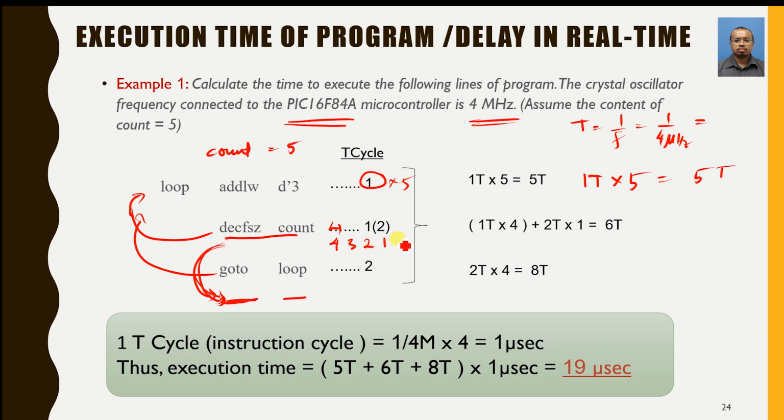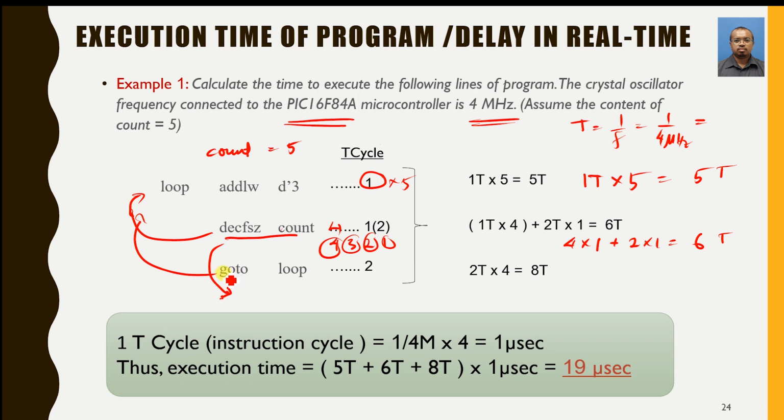For the last one, your answer is 0 already, and then you will skip. That 0 case is 2 clock cycles. For 4, 3, 2, 1, it is 1 instruction cycle each. So we have 4 times 1 instruction cycle plus 2 instruction cycles when it skips, when the result is 0. So 2 times 1, that equals 6.